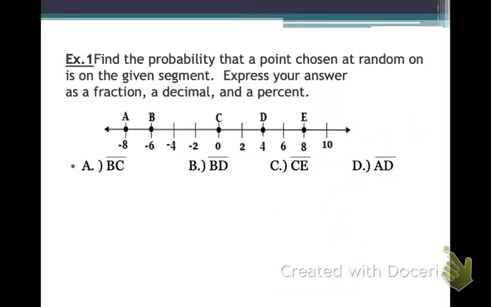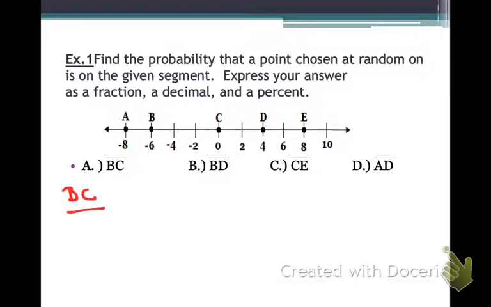So we're going to start off really easy here and show this on a number line. Find the probability that a point chosen at random is on the given segment. We're going to show our answers as fractions, decimals, and percents. So I want to guarantee that I'm on segment BC. So I need the length of BC on top.